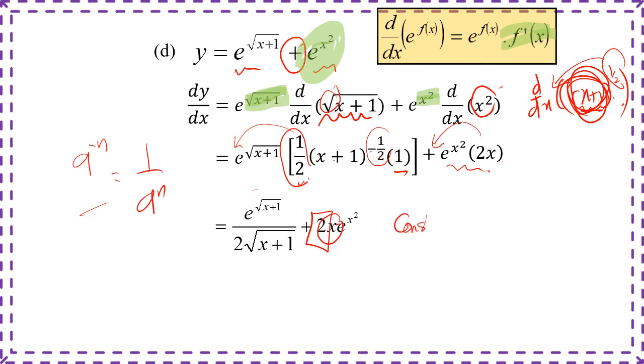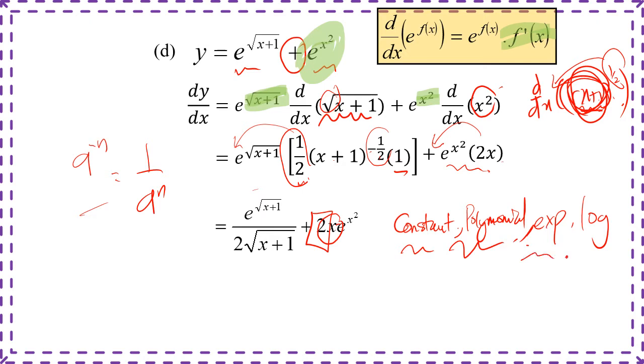So it will be constant, and then we put polynomial, and then we put exponent, and then we put log on the last part. If we have everything, we have to use this step. So if we start with the constant, and then if we have polynomial, put the polynomial first, and then continue with the exponential, and then the last one will be log. So this is our final answer for question D.